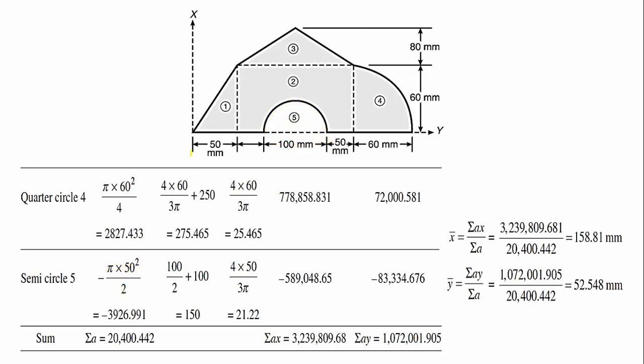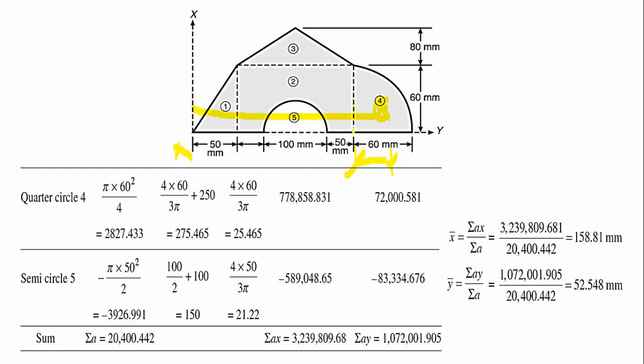Next, this is x value, this is y value, this is ax, this is ay. So how do you calculate the x value? If you take the centroid of this, it will come somewhere here. You know how to calculate the centroid of this, 4r by 3 pi. But our reference axis is here. We are calculating this x, means with respect to this axis we will calculate this distance.